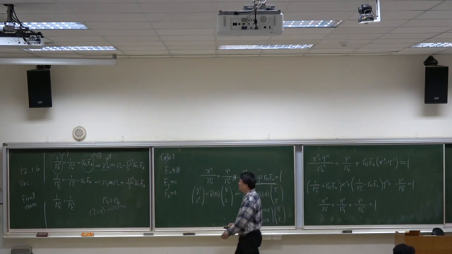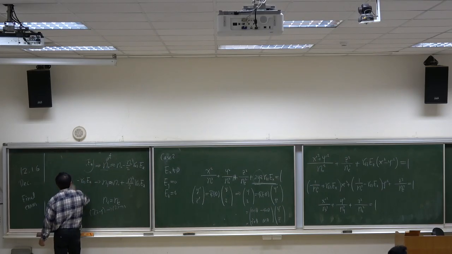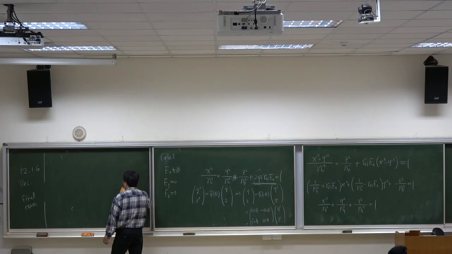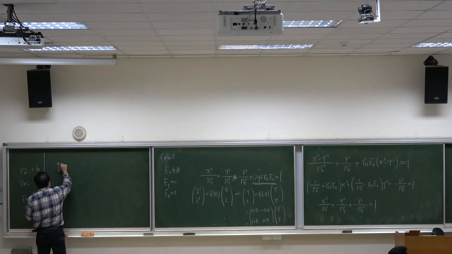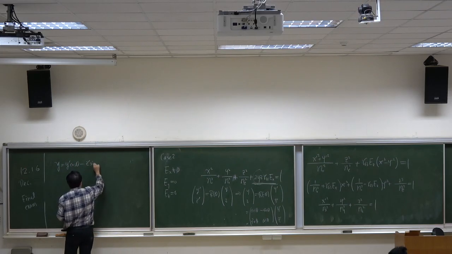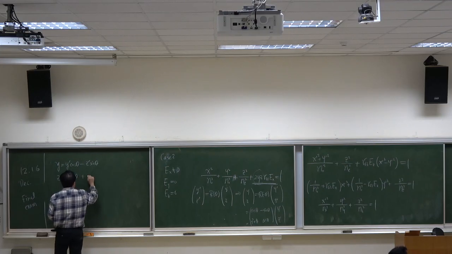Okay. So this means that y is equal to y prime cosine theta minus z prime sine theta. Okay, and z is equal to y prime sine theta plus z prime cosine theta.